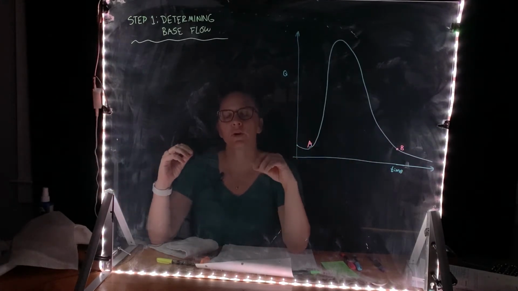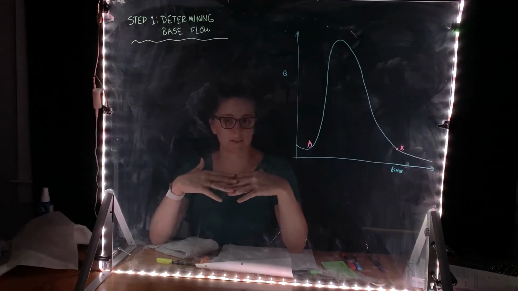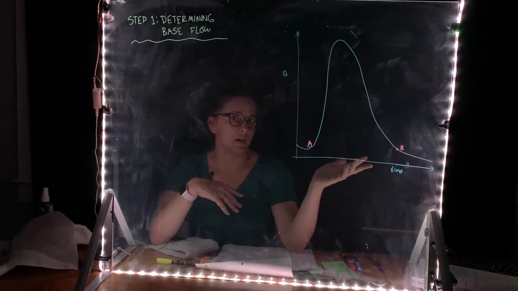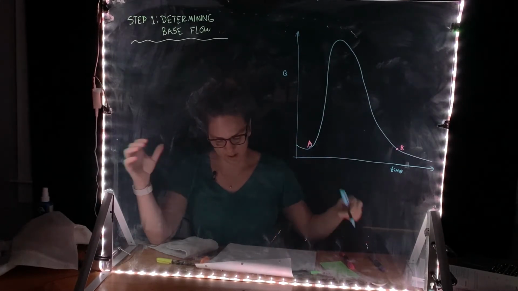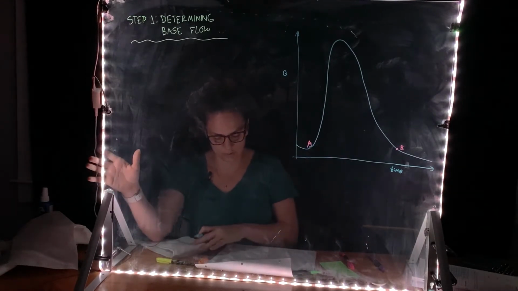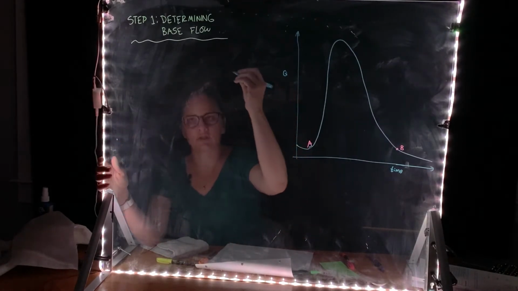And so we want to make sure that when we're looking at hydrographs that we remove the impact of base flow on the outlet of our watershed. So the base flow is going to represent the interaction between the stream flow, groundwater, and interflow.